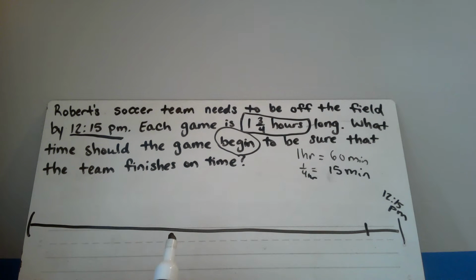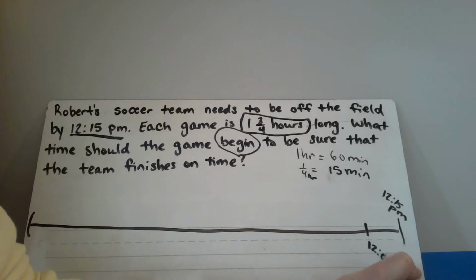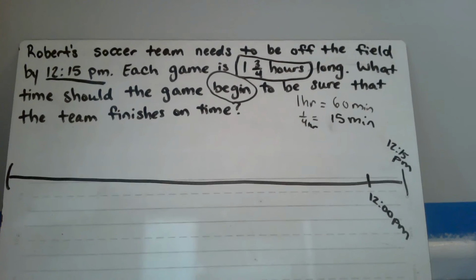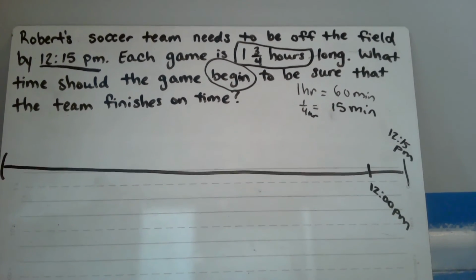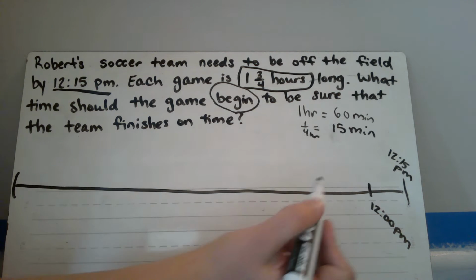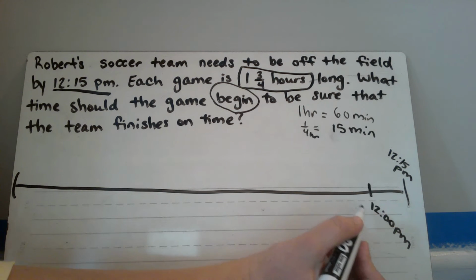So 12:15, and I'm taking away 15 minutes, puts me at 12 o'clock p.m. Now remember that when we hit 12 o'clock and we're counting backwards, now I'm going to be going into a.m. So take away 15 minutes from 12 o'clock.